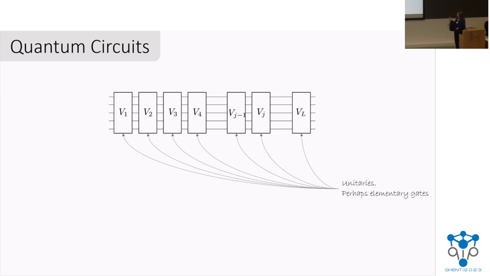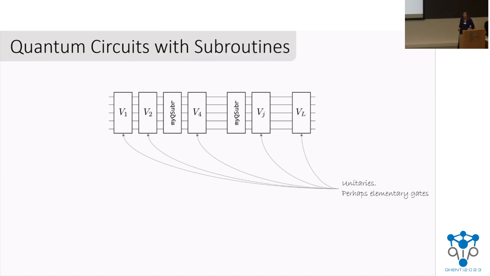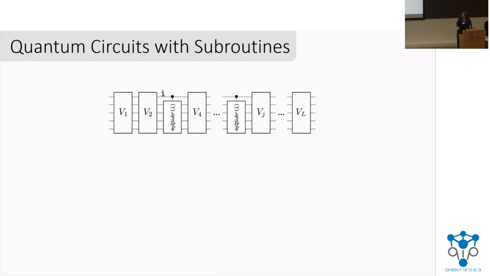But if we design a quantum algorithm, we can also use subroutines, meaning that some of the steps of the algorithm we assume are implemented by a subroutine. It's natural to assume that the input to the subroutine is on one particular wire, let's say the first wire, and that the subroutine is controlled on this wire, so the value of this wire controls the behavior of the subroutine.